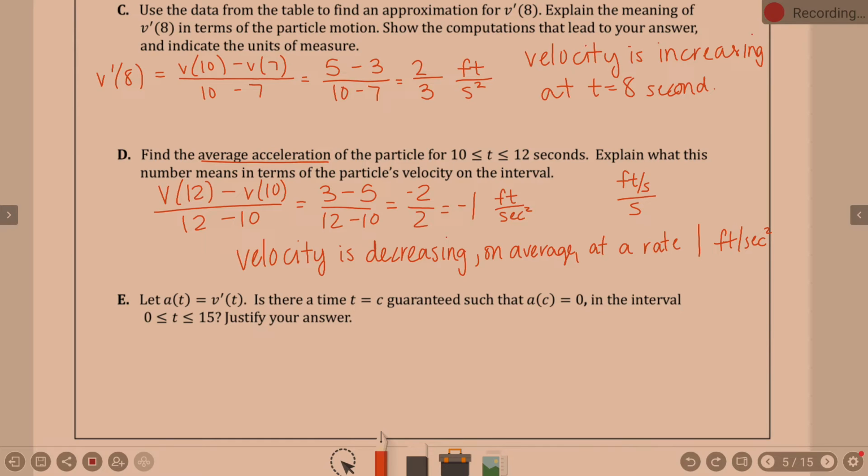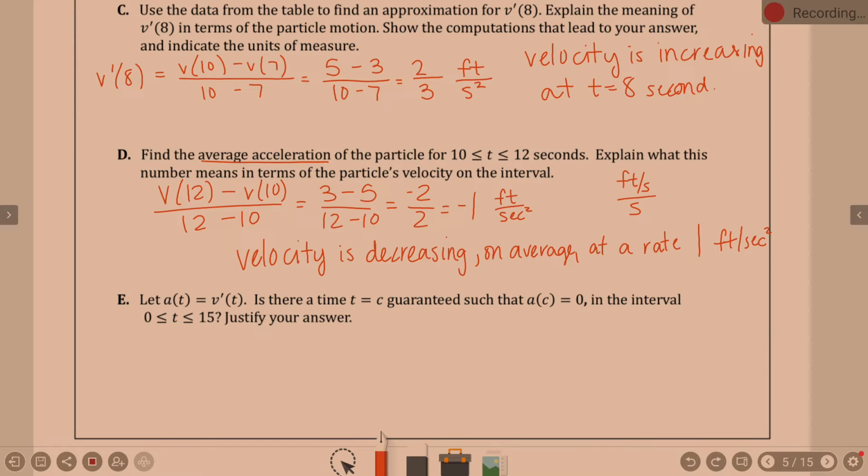And then D is finding average acceleration, which is essentially V prime. And that was on the interval from 10 to 12. So to the left of 10, it was positive acceleration. To the right of 10, it was negative acceleration. So is it 0 at some point? At some point it is 0, yes. Okay.